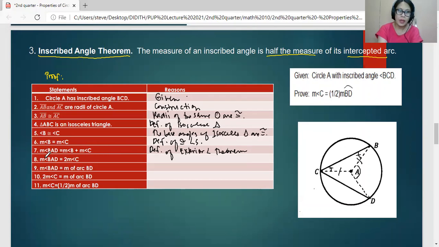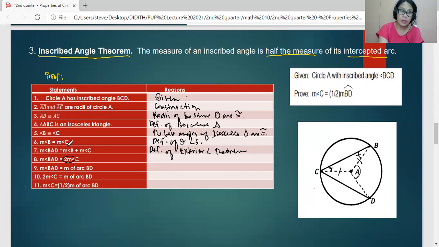Now, the measure of angle BAD is twice the measure of angle C. From the previous statements, it's clear that the measure of angle B plus the measure of angle C equals the measure of angle BAD.